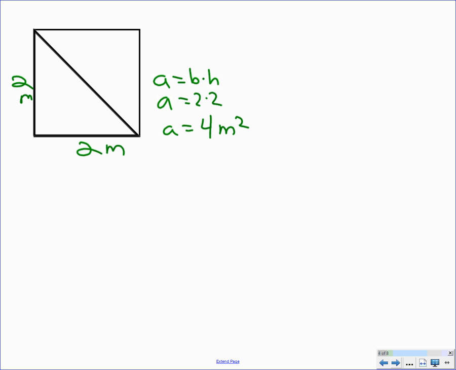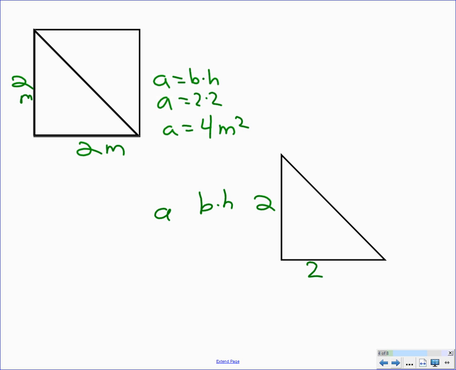So what if we cut it in half and we took this half out? It's still 2 times 2, right? But it can't be 4 anymore because it's only half. So what do we do to the 4? It's base times height, same as before, but now we have to divide by 2. So it's 2 times 2 divided by 2. Those cancel. The answer is 2. So the area is 2 meters squared.